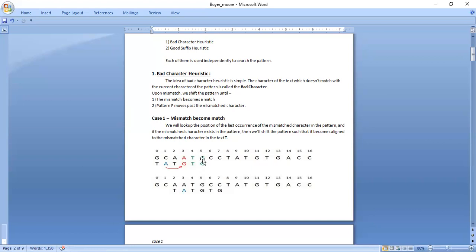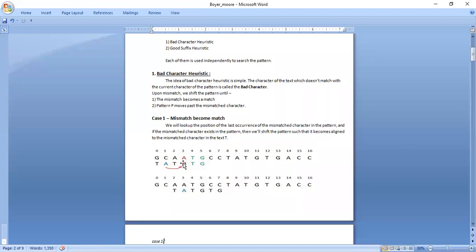Totally how many characters are there in my pattern? There are 6, so length is 6. So m-1, at the 5th index I need to start. I'm starting from the right side and trying to match. The first character is matched. Then the next character has been matched.